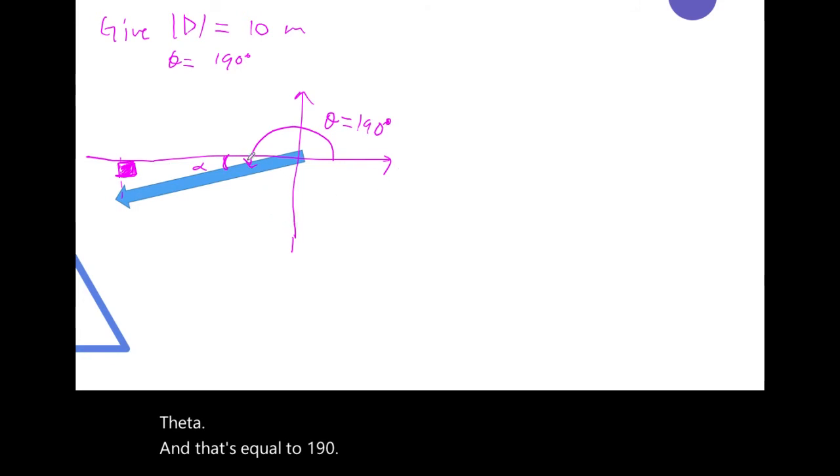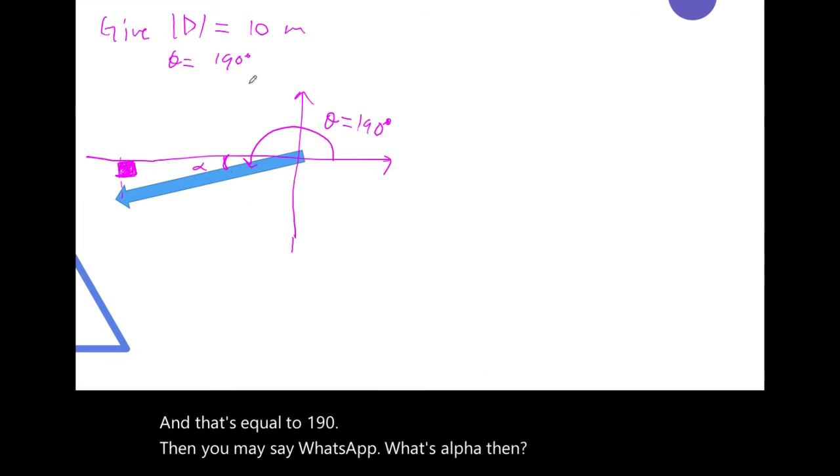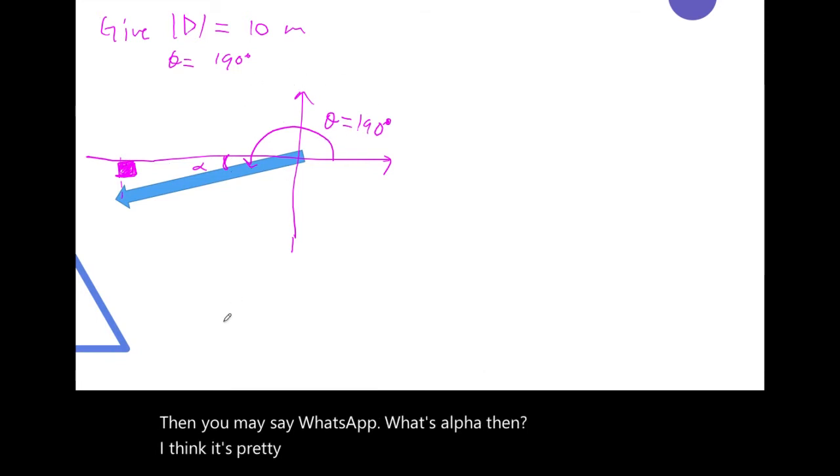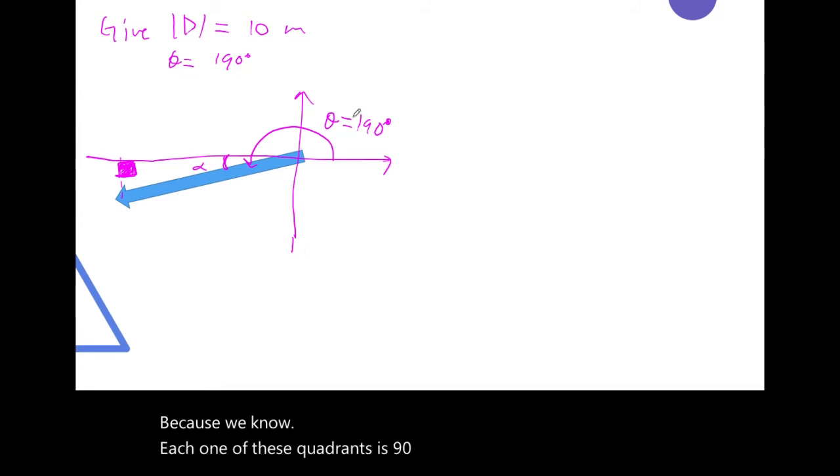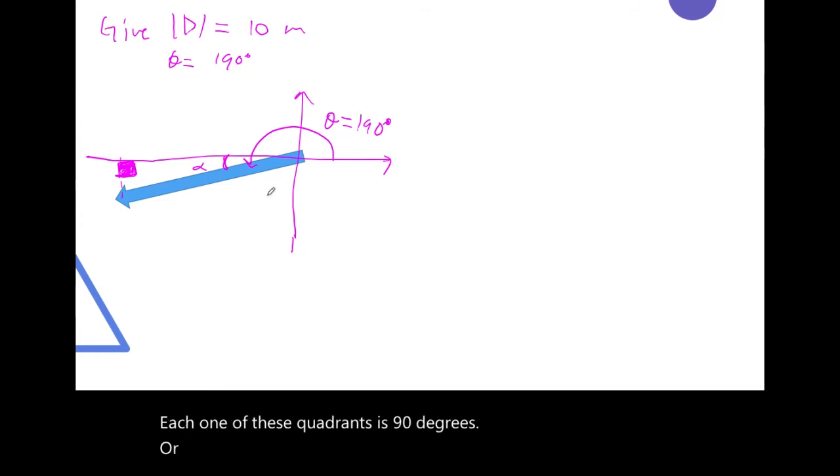Okay. Then you may say, well, what's alpha then? I think it's pretty straightforward to solve for alpha, because we know each one of these quadrants is 90 degrees, or overall, it's 360 because it's a perfect circle.